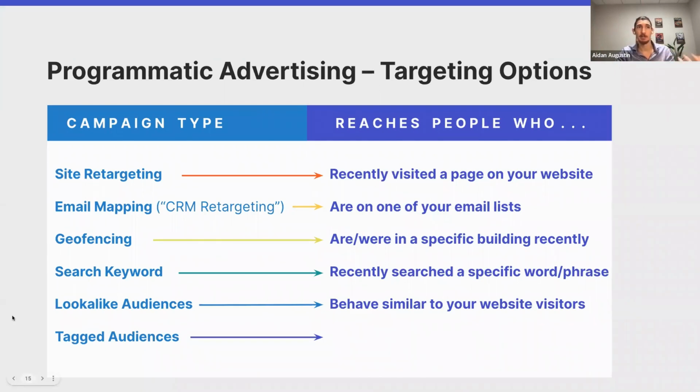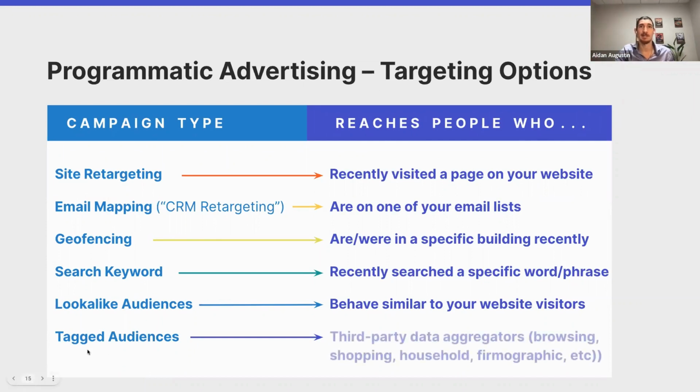And then this fourth one here, tagged audiences, is what I call it. Tagged audience is essentially using the same types of criteria I mentioned in lookalike, but the lookalike one is this black box where an algorithm is matching it for you. The concept of this tagged audience one is essentially there are these third-party data aggregators, and they just make it available to you. There's like a click, drop down.